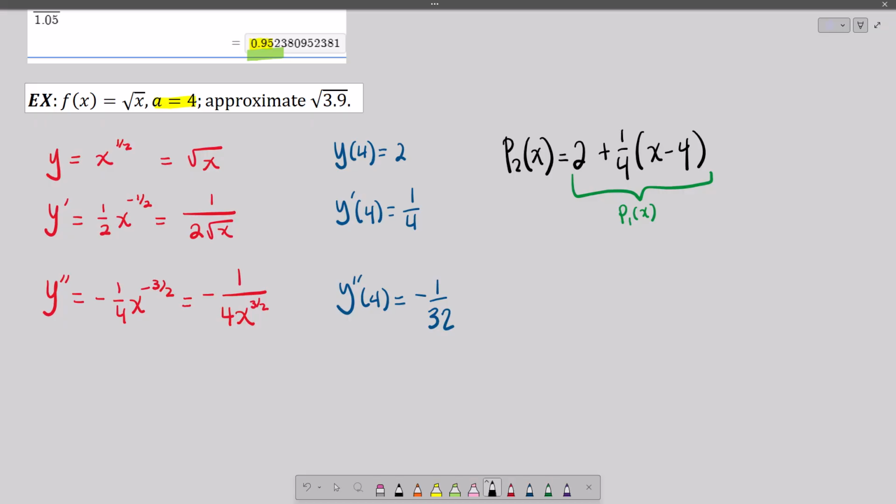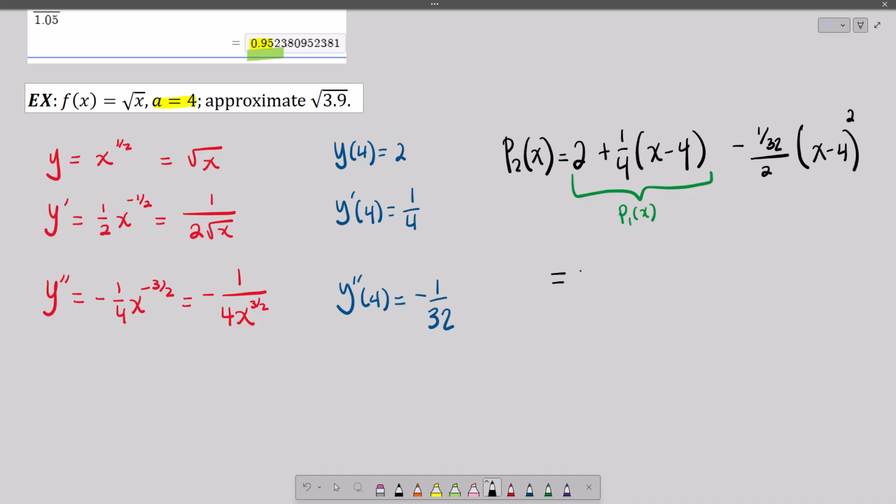Now to finish off p sub 2, we go to the next constant. And I'll write it as a numerator like that because we have to divide it by 2. And then we're going to have x minus 4 raised to what power? 2. It's quadratic approximation. So we'll get into the habit of this. You'll get really good at this because you're going to do it so many times and the pattern starts to be very obvious how you get to these coefficients.